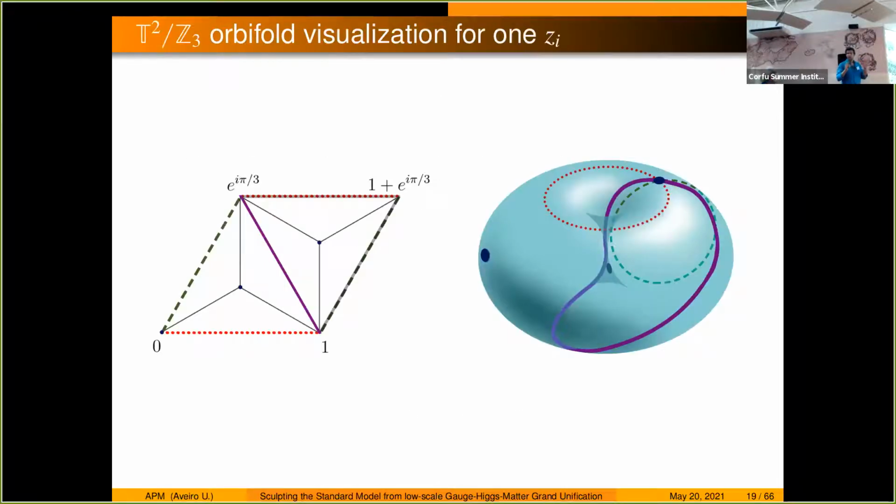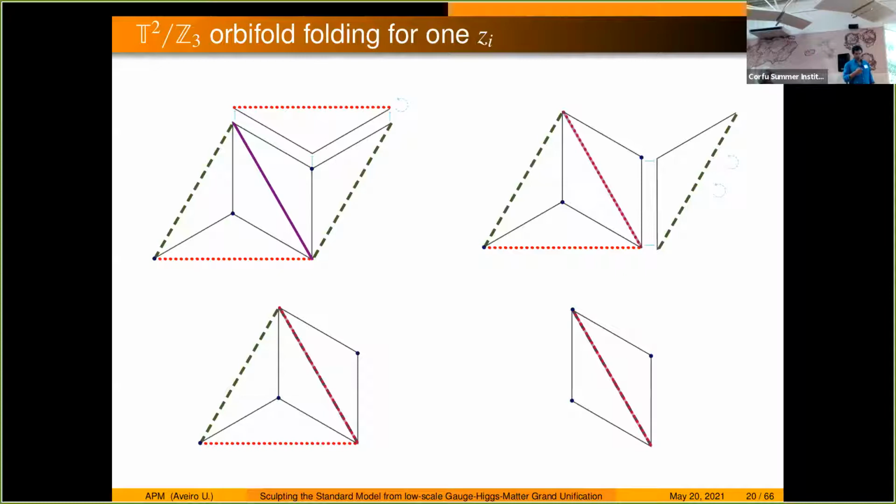So this is just a visualization of this. This would be like a T2, only with 2 dimensions, like the Z to the power of 2 lattice, let's say. And to get the orbifold folding, basically what we do is identify together these dashed lines of the same color, and then all of them together with the purple line. And at the end, you have this.